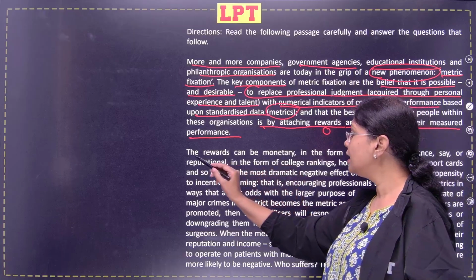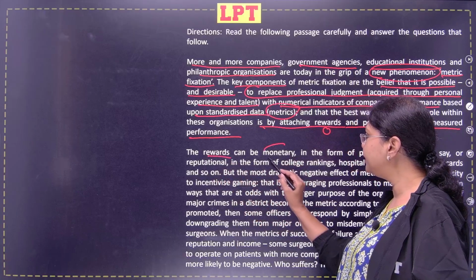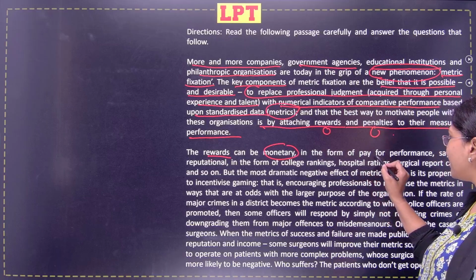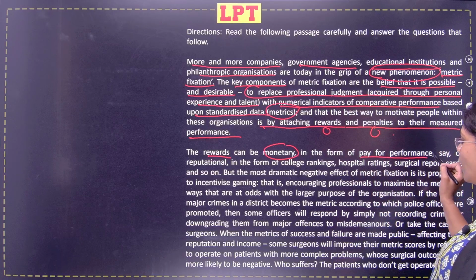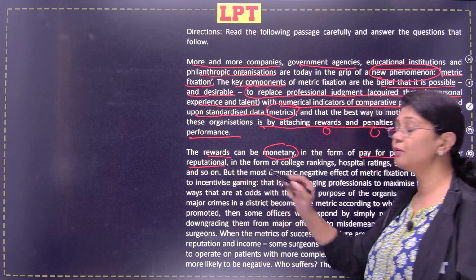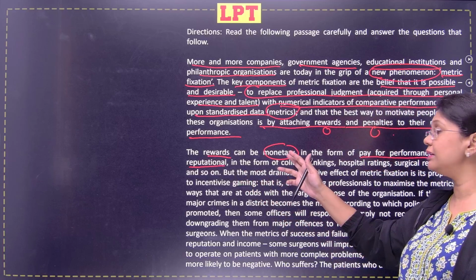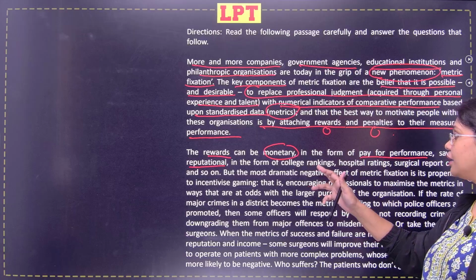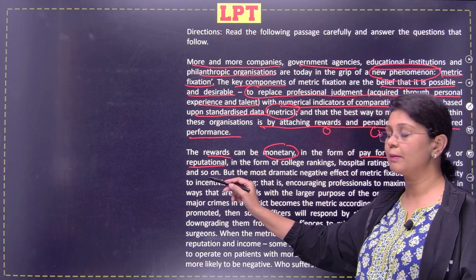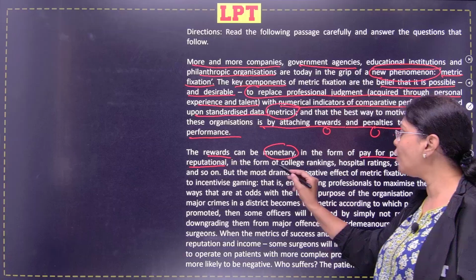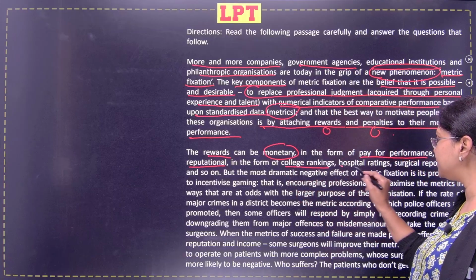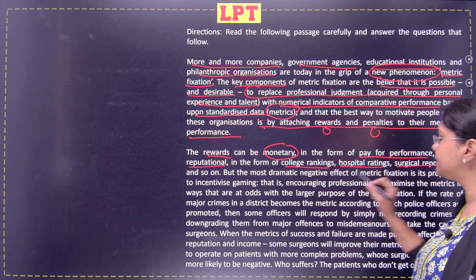It says the rewards can be monetary in the form of pay for performance or reputational. So the rewards can take any form. It can be in the sense of monetary reward, or it can be reputational, in the form of college rankings, hospital ratings, surgical report cards, and so on.